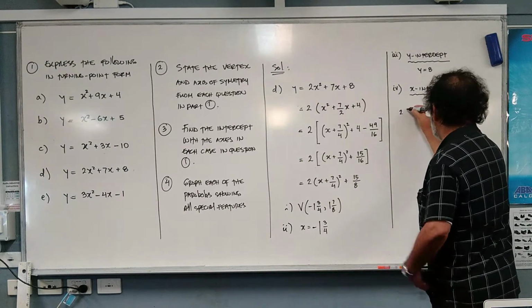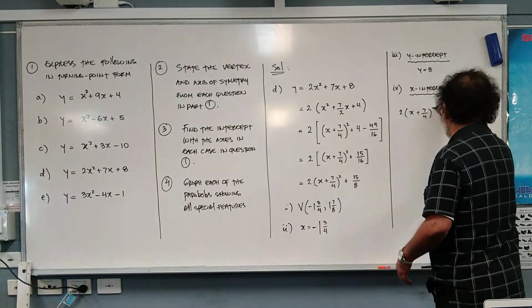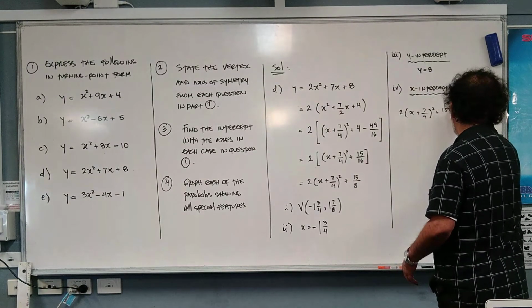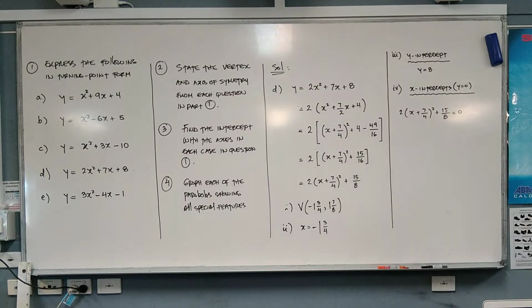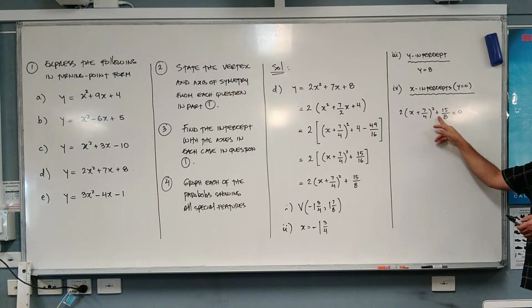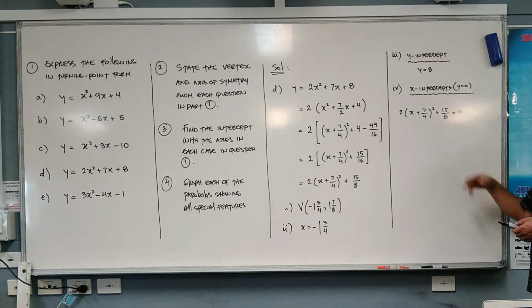So if you do 2x plus 7 over 4 squared plus 15 on 8 equals 0, you can see that we're going to have a problem, because from the moment that you move this across, then this becomes negative.